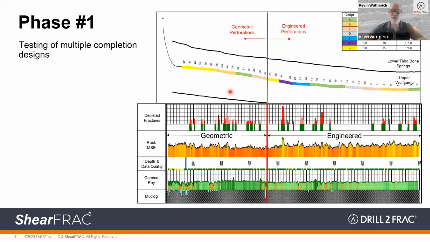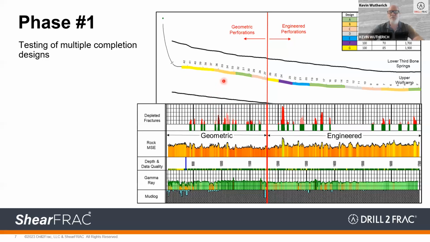completions. Now, the other thing that they did is they broke up this well. You can see here that they had 42 stages in total, and they broke it up with about two thirds of the well using an engineered completion, where they actively were moving around clusters, trying to optimize where they're actually going to place the perforations. The last third of the well or so, they just went with a purely geometric design, with one exception, which is in a couple of the stages where there was a really strong indication of a pre-existing fracture connected to another well.